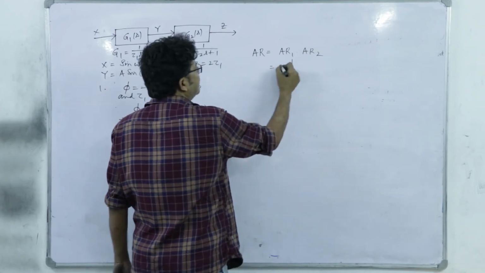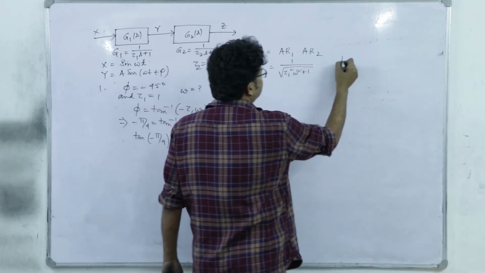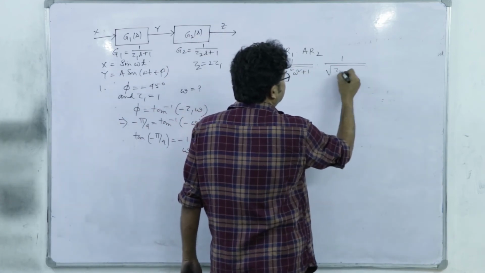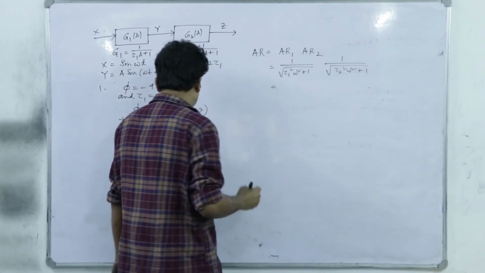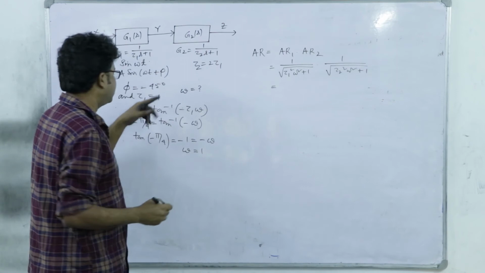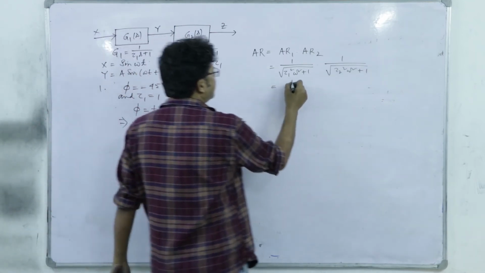AR1 is 1 divided by under root tau 1 square omega square plus 1, and AR2 is 1 divided by under root tau 2 square omega square plus 1. Tau 1 is 1, so tau 2 must be equal to 2.